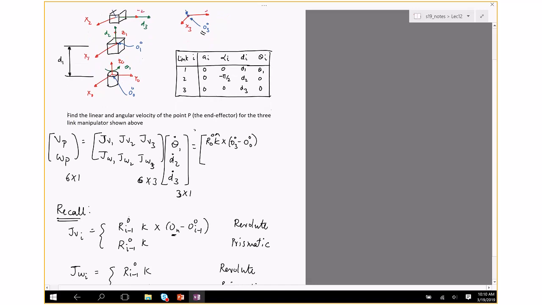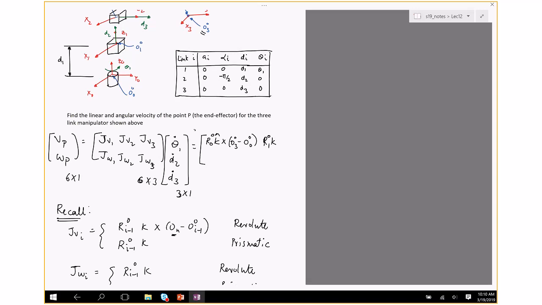The next one, JV2, corresponds to D2, which is a prismatic joint. So I use the prismatic formula. I put I equals 2, so I get R1 with respect to 0. Okay, and then finally JV3, that's a prismatic joint.